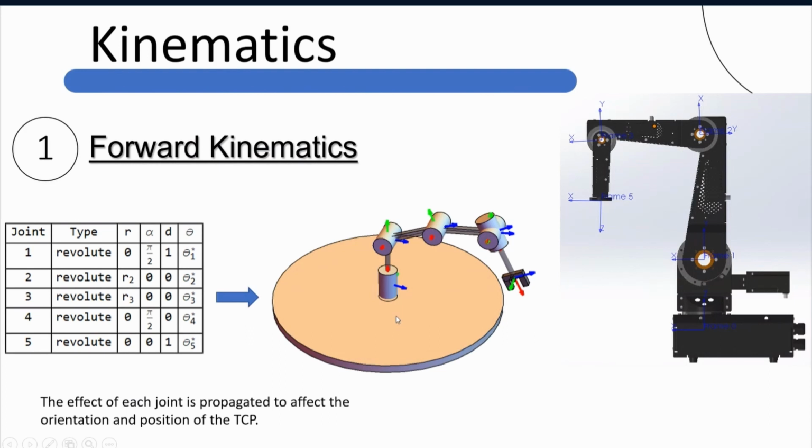For example, I have a matrix that is a function of each joint angle here. And when I say, for example, I have joints 1, 2, 3, 4 and 5 having an angle of, for example, 30 degrees, the matrix transformation tells me the final orientation and position of this tool center point here. So this is the forward kinematics.